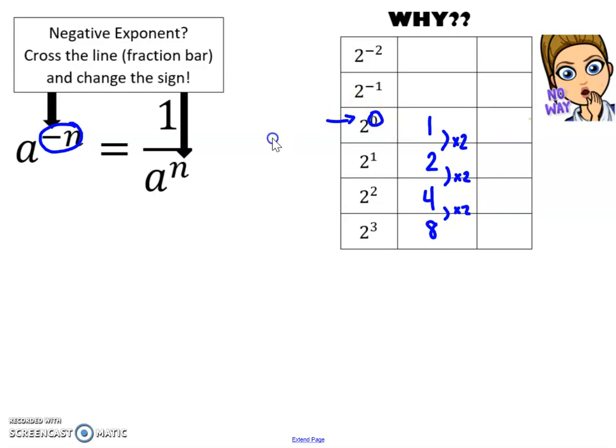Here's the big shocker, and add this to your notes. Any number raised to the power of 0 will always equal 1.